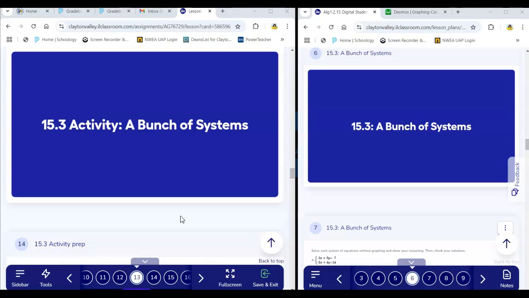We discovered that if you add an equation that's false to an equation that's true, you're going to get an equation that's still false.